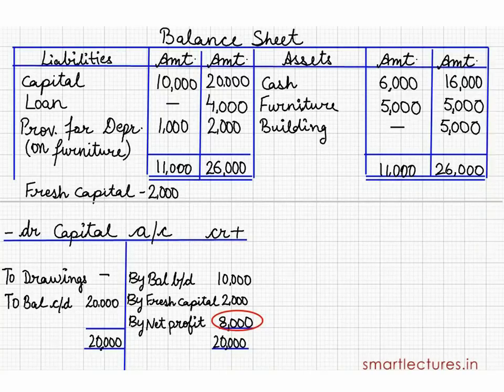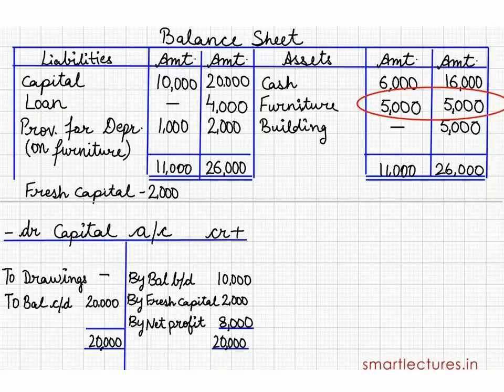Now pay attention to the provision for depreciation on the liability side. It means this firm is providing depreciation not directly but through provision. I would like to remind you that if there is provision for depreciation on the liability side, the value of the asset on the asset side is at the gross figure.